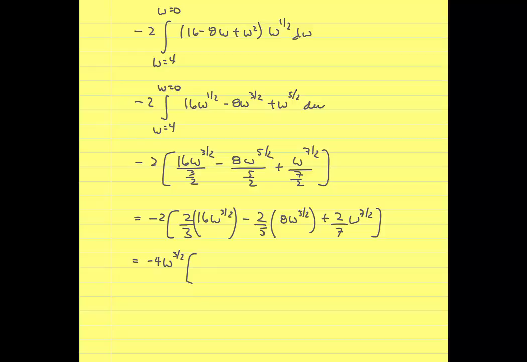So if I pull out a 2 and a w to the 3/2, I'd be left with 16/3 for my first term, because I pulled out a 2w to the 3/2, minus 8/5 w to the first, because I pulled out a w to the 3/2, plus, I pulled out the 2, so I have 1/7 w, I pulled out the 3/2, so I'm left with squared.